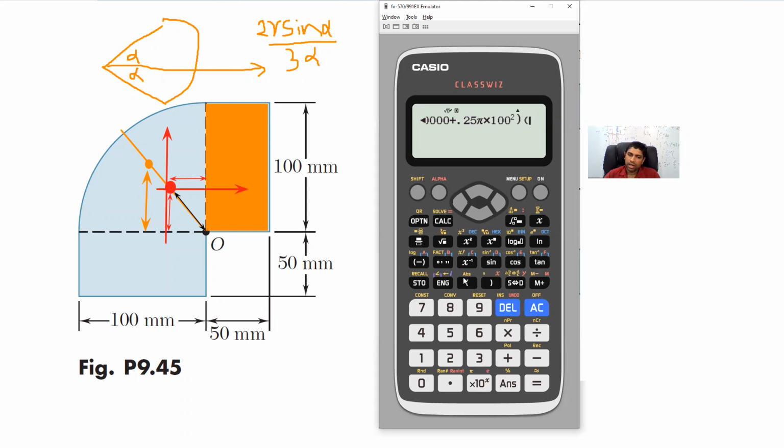R bar is not just y bar, it is y bar times root 2. What we want is the black color distance. What we have found is the red color distance, x bar and y bar. What we want is the polar coordinate, not the Cartesian coordinate. Then we end up with 57.4 into 10 to the power 6.